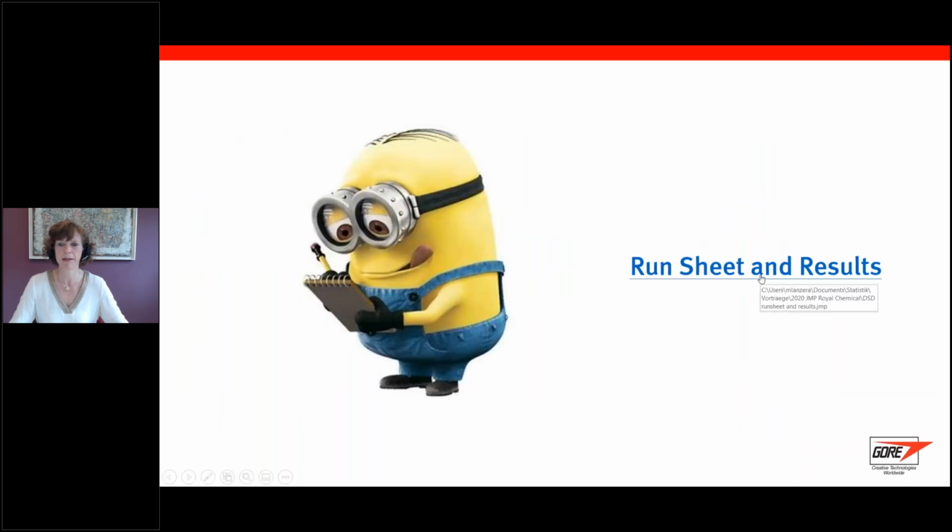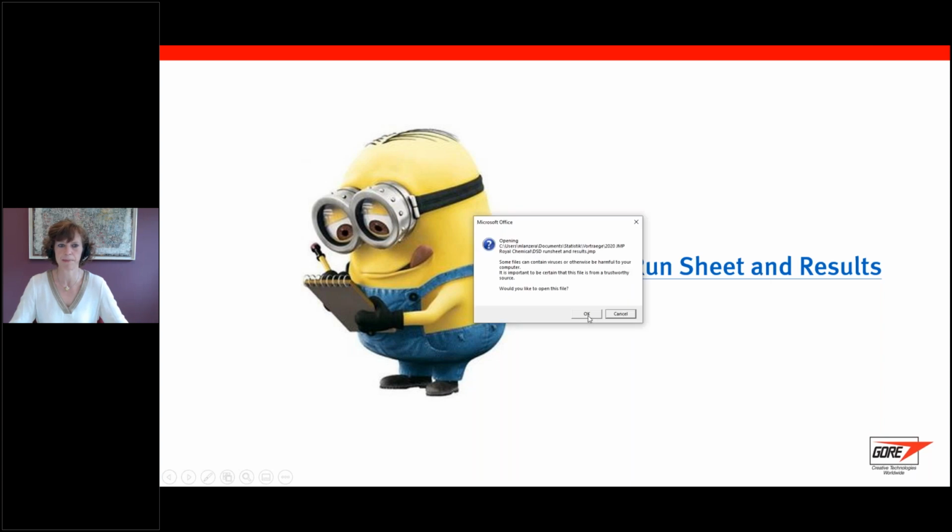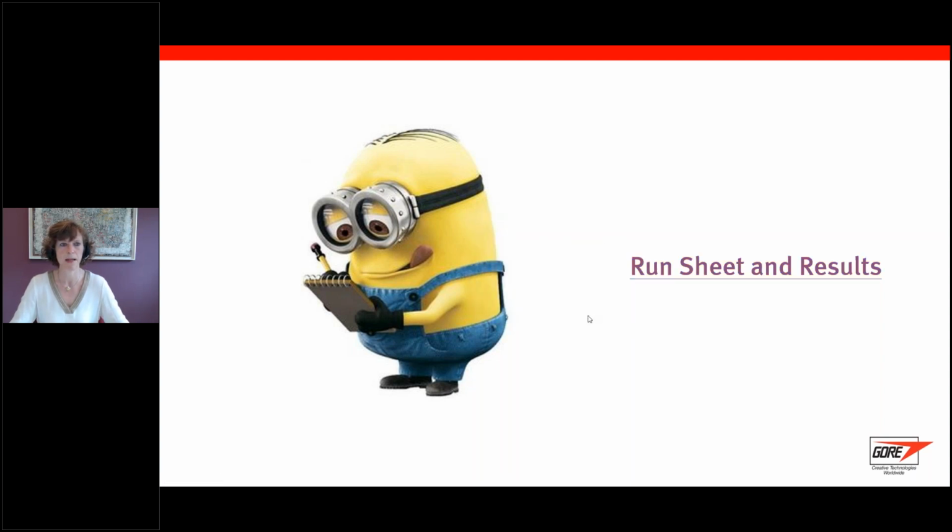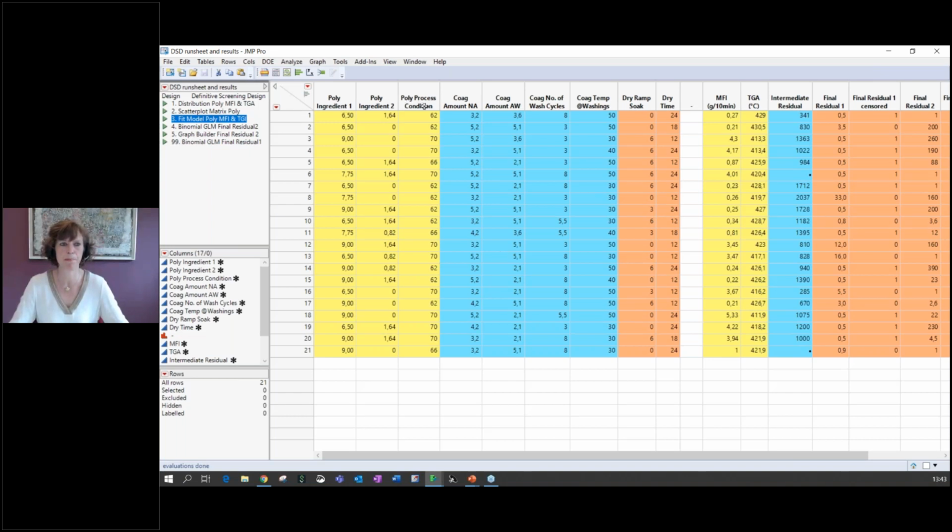Now, let's look at the plan, the run sheets, and the results. I have colored the factors, the 3 poly factors, those ingredients and the condition, then the coag factors and the 2 drying factors along with all the results.